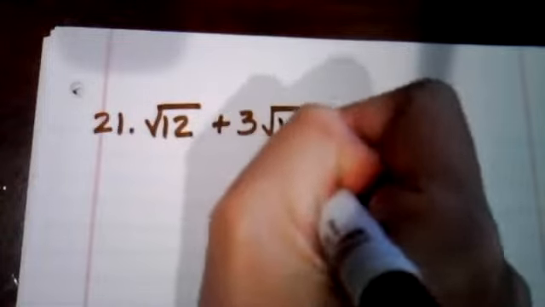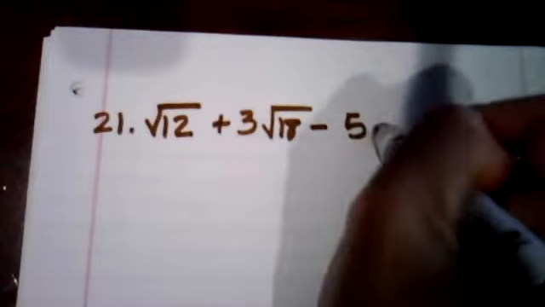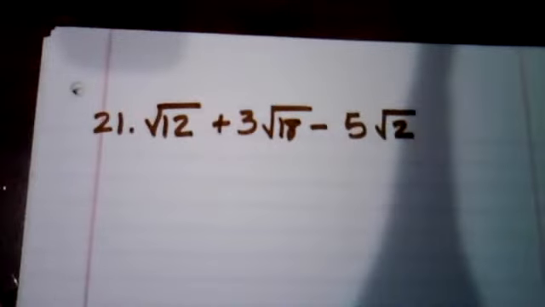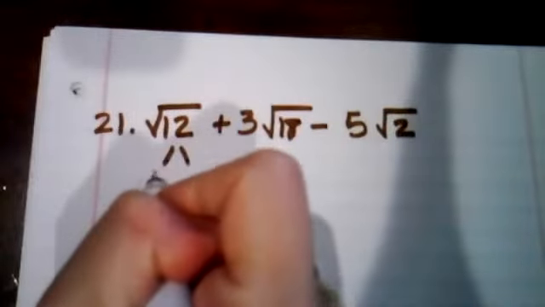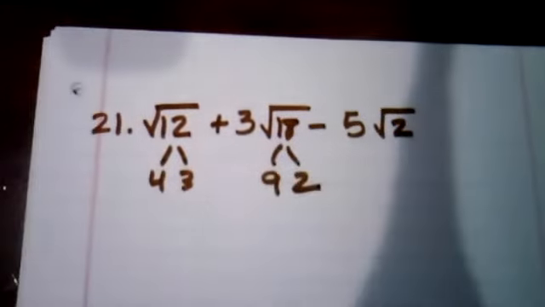Okay, we're going to work on number 21. Okay, so our problem right here, we have square root of 12 plus 3 times the square root of 18, which we actually worked with before, and 5 times the square root of 2. So let's simplify first. You should see 4 is here, 9 is in here.